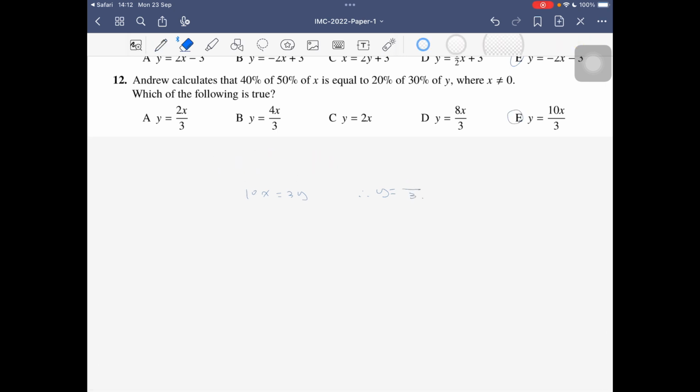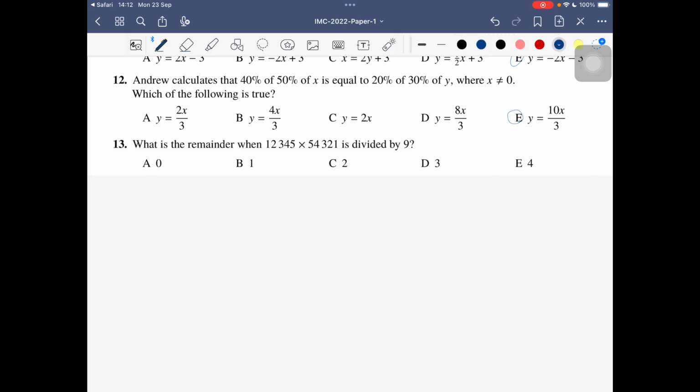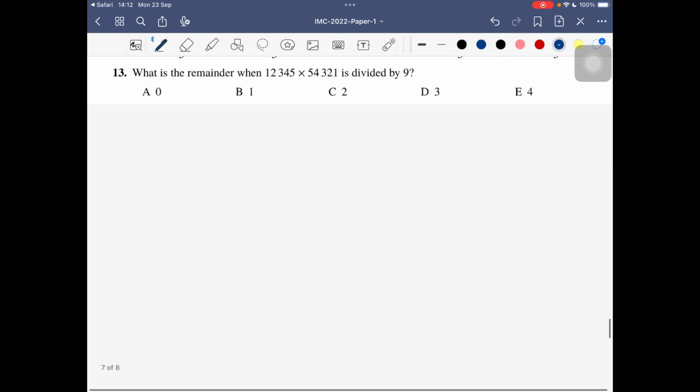And then, remainder when divided by 9. Any number that is a multiple of 9 has a digit sum divisible by 9. So for example, this one, 1, 2, 3, 4, which sums to 10, and 5, it cannot be a multiple of 9.